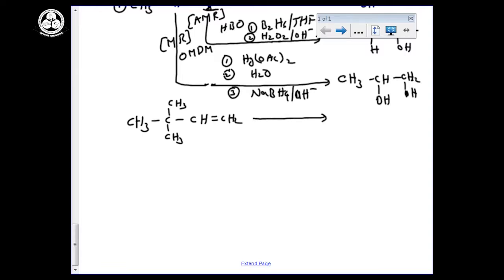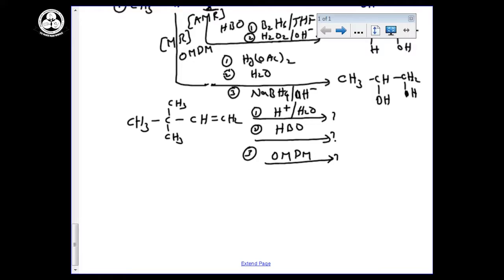Same, you can follow: first one is acid catalyzed hydrolysis, second one is hydroboration oxidation, and third one is oxymercuration and demercuration. Tell me the answer for this.